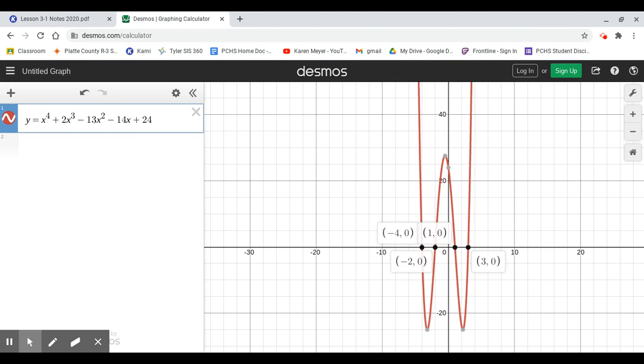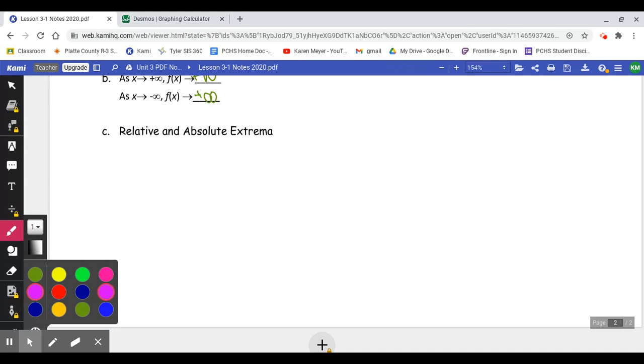The last thing we have to do are the mins and maxes. Okay. So if I start with the bottom humps, these two humps right here are both at the same spot. So since they're tied, they're not considered an absolute. They're considered a relative. So I'm going to go back here and say we have a relative min.